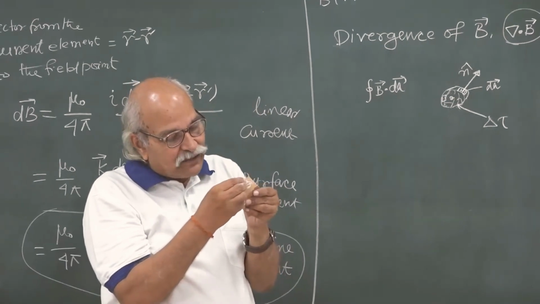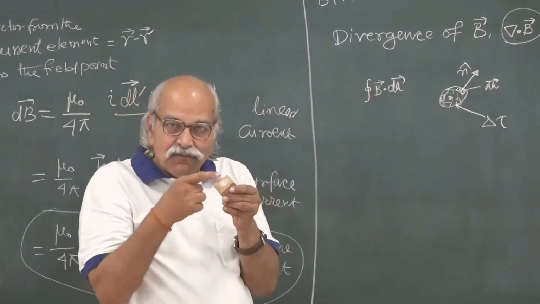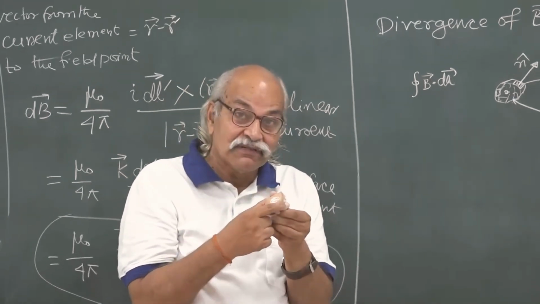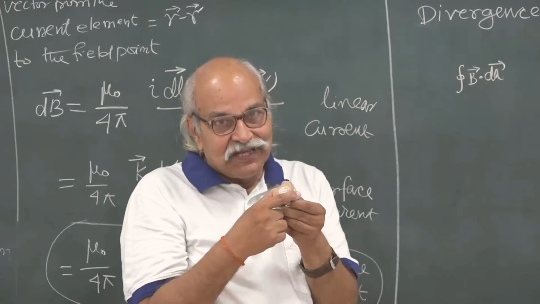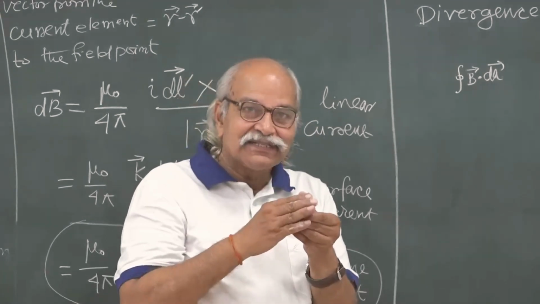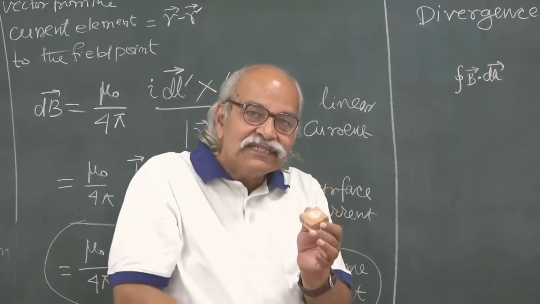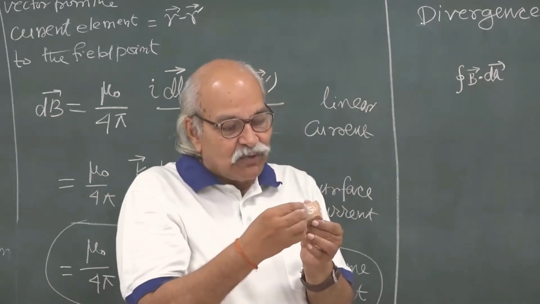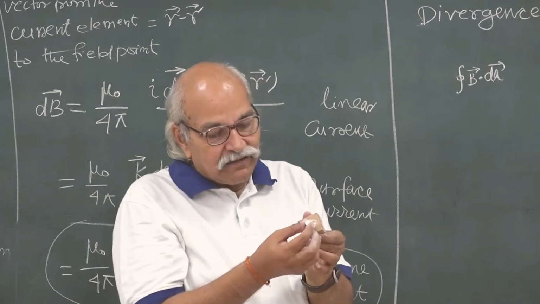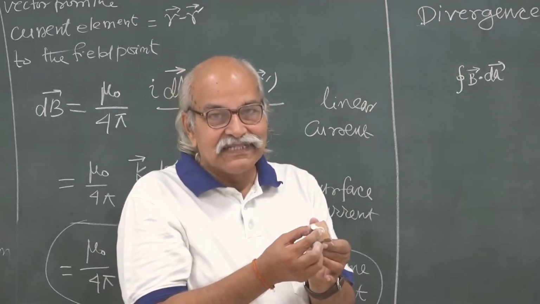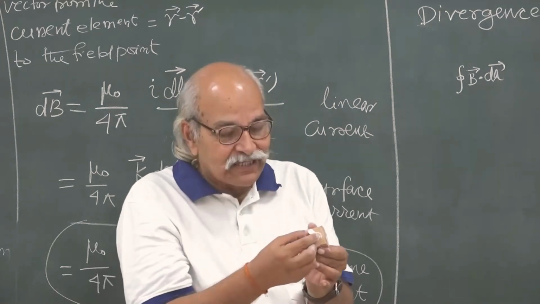Remember this whole volume is very small, we are going to take the limit when the volume goes to 0, but even then it has a surface on this side and that side. On the surface you take a small part and then draw a normal perpendicular to this surface in the outward direction, so this way.